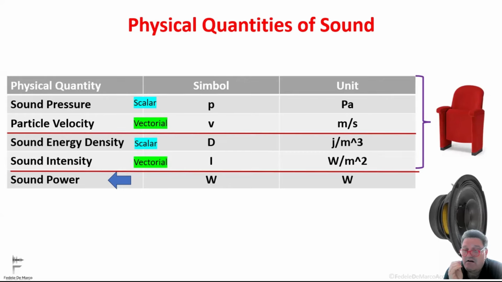A commercial loudspeaker transforms into sound power a very low percent of the electrical input power, the watt that you input, the so-called efficiency of the loudspeaker. Most of the energy instead is transformed in heat. So the powers involved in the listening experience are very small, and our hearing system is incredibly sensitive to these minimum variations of pressure.